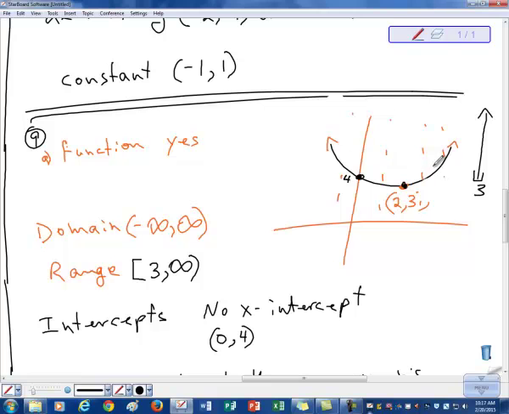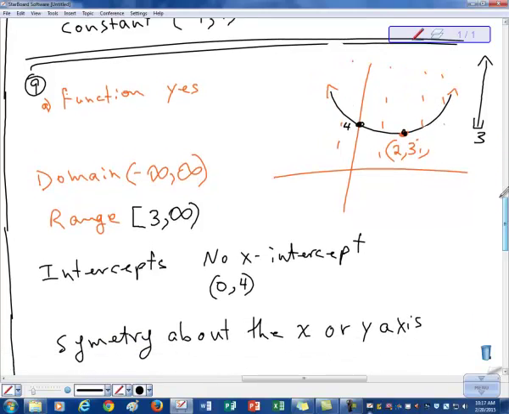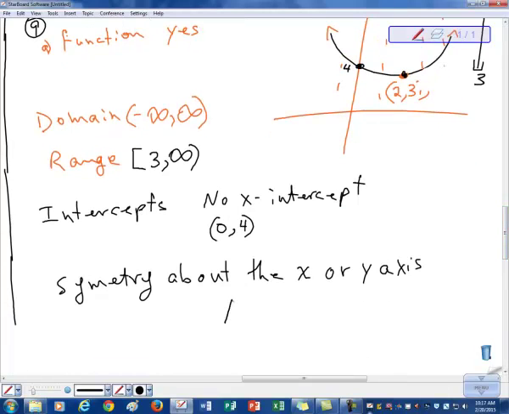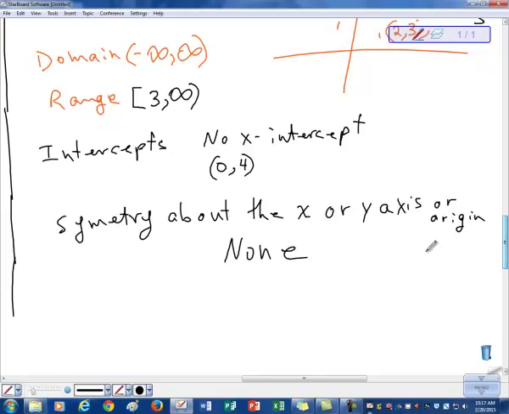It should be like a mirror, same on the right side as on the left. Well, there's no symmetry about the y-axis, and there's no symmetry about the x-axis either. So in this case, there would be none, no symmetry around the x-axis, the y-axis, or the origin.